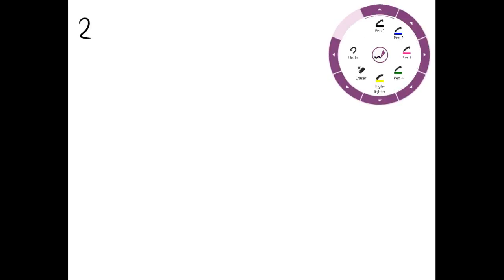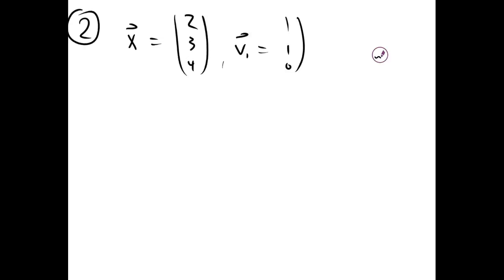Okay, our second example asks the same question. So this time we have x equals 2, 3, 4, v1 equals 1, 1, 0, and v2 equals 2, 0, 1.